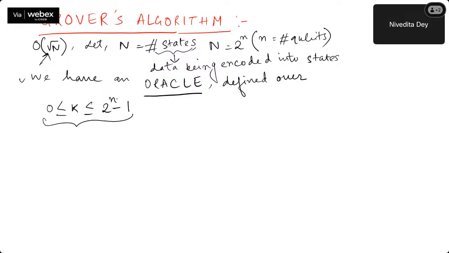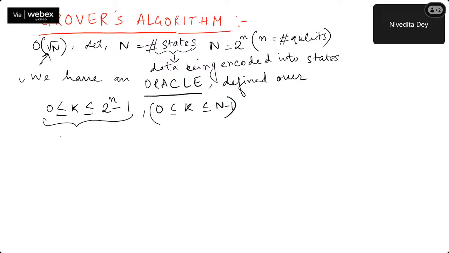Here n is the number of qubits, and 2 to the power n is capital N. Or equivalently, k lies somewhere between 0 and N. That is, one of the states is the one that you want to find out through Grover, out of all the N possible states. It is not N, it's basically N minus 1, because 2 to the power n is capital N.